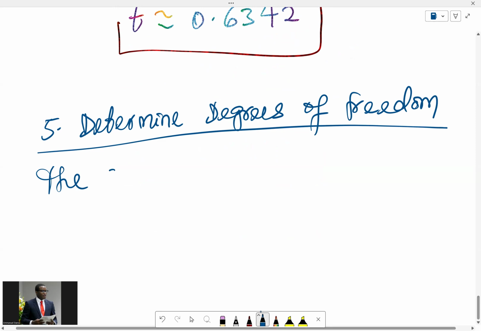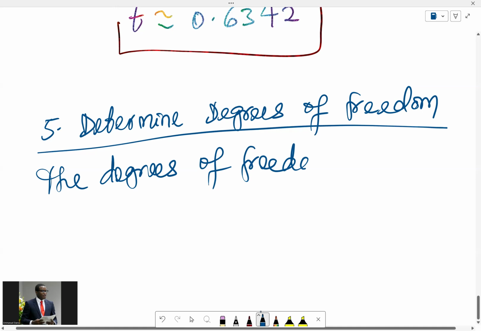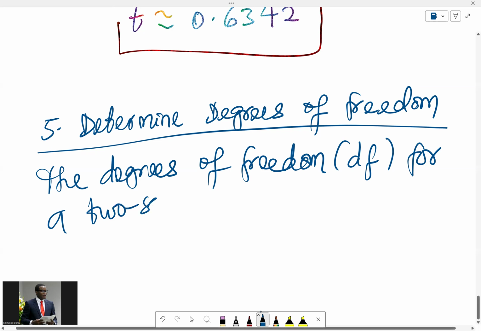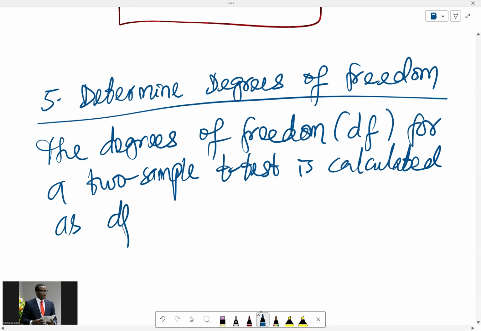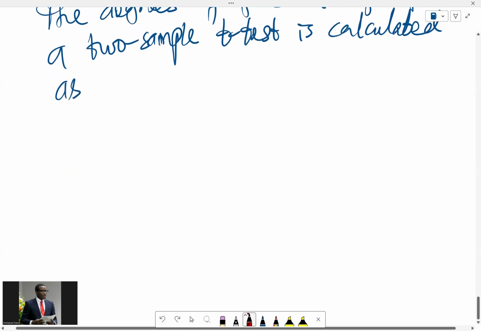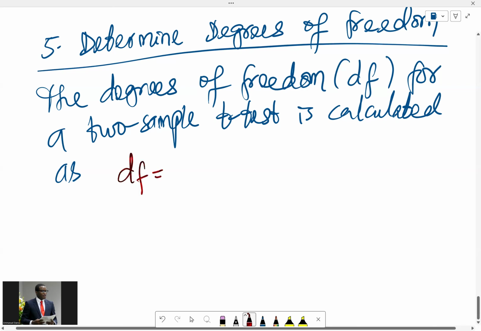The degrees of freedom, df, for a two-sample t-test is calculated as df equals n1 plus n2 minus 2.